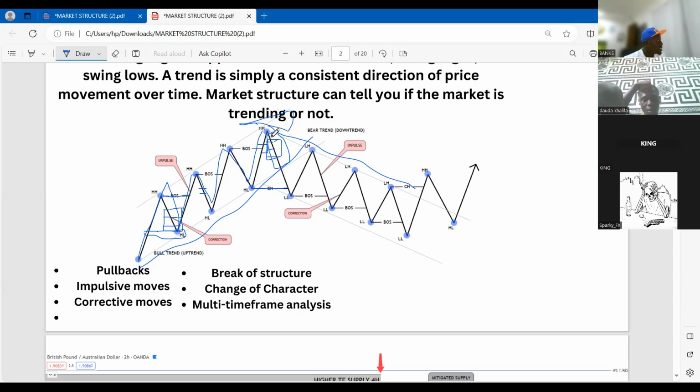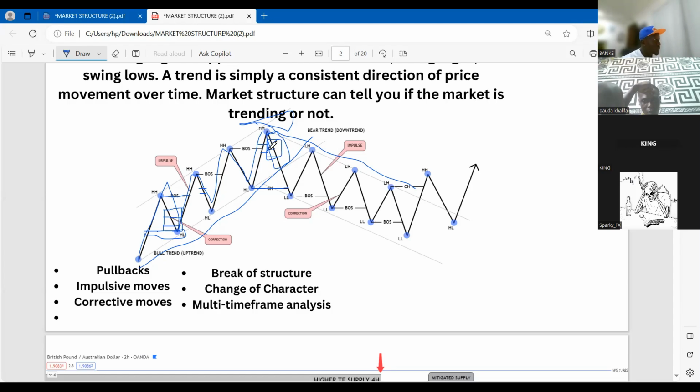Because this pullback on a higher time frame is just a different trend on the smaller time frame. Let's say on the 4 hour time frame you're having a pullback of just 3 or 4 candles before price continues the trend to the upside. When you look at that same 4 candle pullback on the 5 minute time frame, you are going to see a whole different trend, creating lower low, lower high, lower low, lower high.